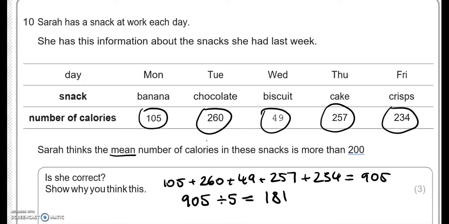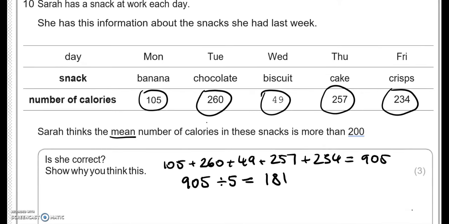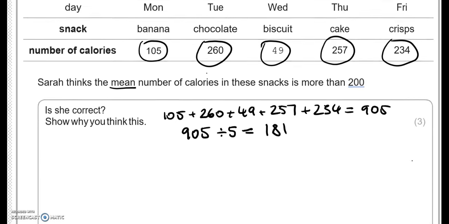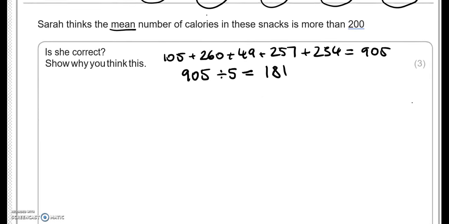So that is not more than 200 calories on average. No, she has 181 calories on average.